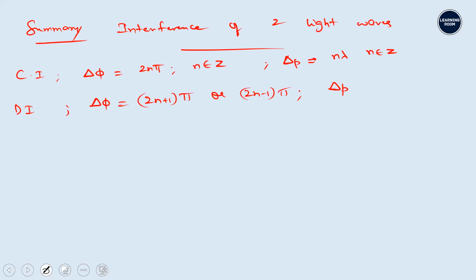The corresponding path difference will be equal to (2n plus 1) into lambda by 2, or (2n minus 1) into lambda by 2, where n belongs to z. So as I mentioned previously, these expressions are very, very important for us to solve the rest of the problems.